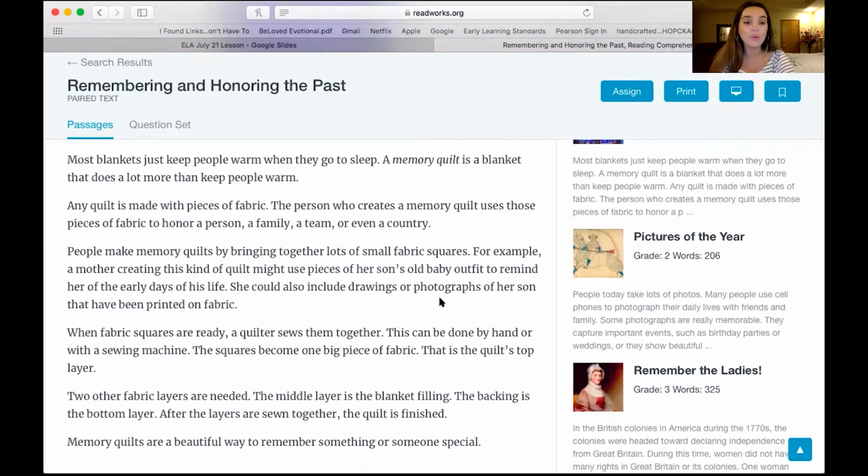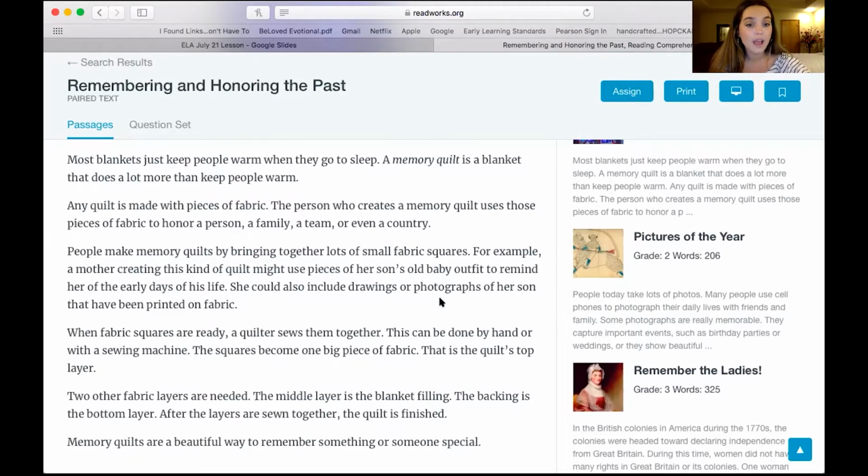People make memory quilts by bringing together lots of small fabric squares. For example, a mother creating this kind of quilt might use pieces of her son's old baby outfit to remind her of the early days of his life. She could also include drawings or photographs of her son that may have been printed on fabric.